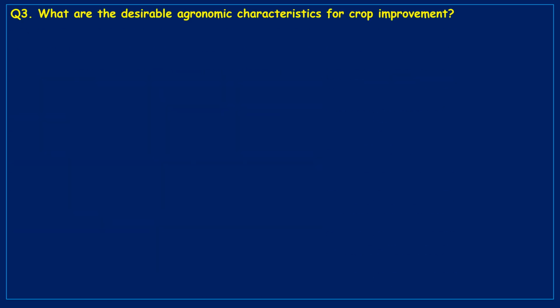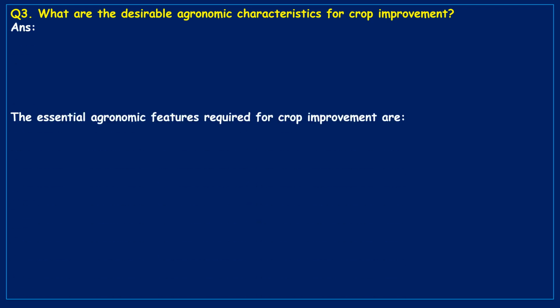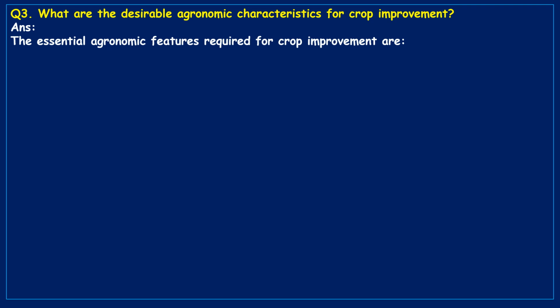What are the desirable agronomic characteristics for crop product improvement? Agronomic characteristics means related to the plant, the development of all parts of a plant. Answer: the essential agronomic features required for crop improvement are profuse branching along with tallness in any fodder crop.